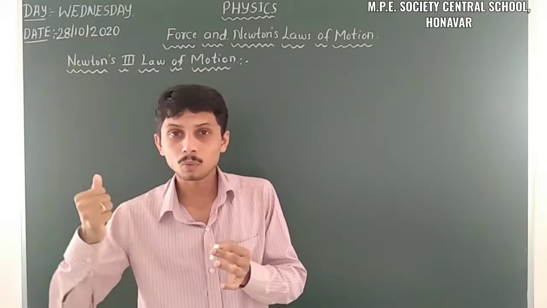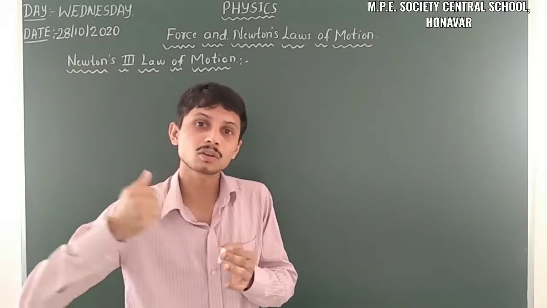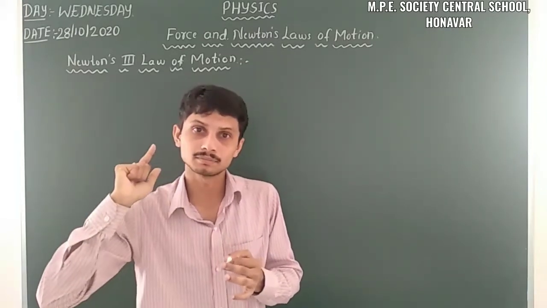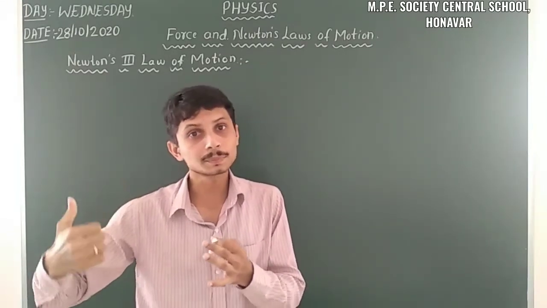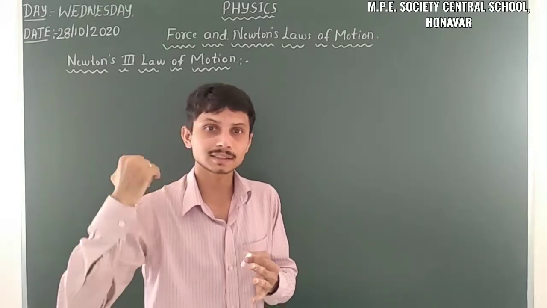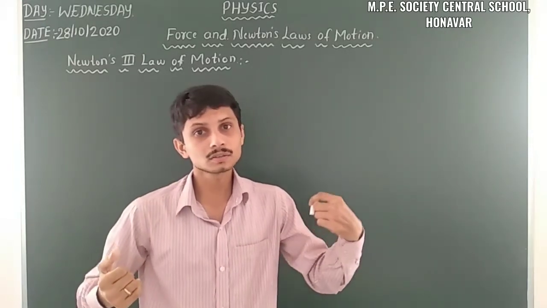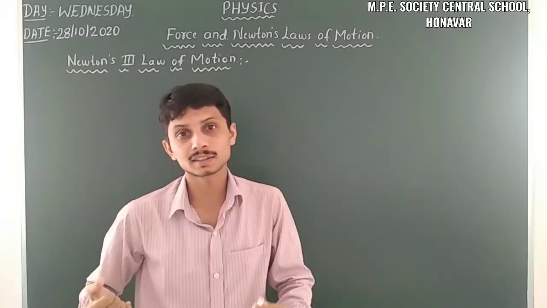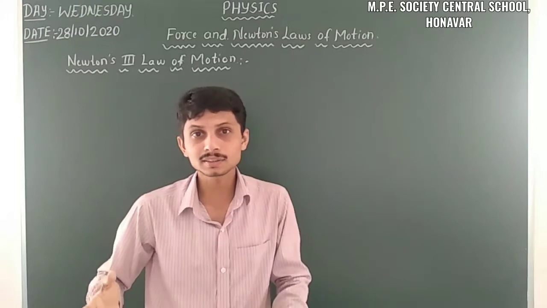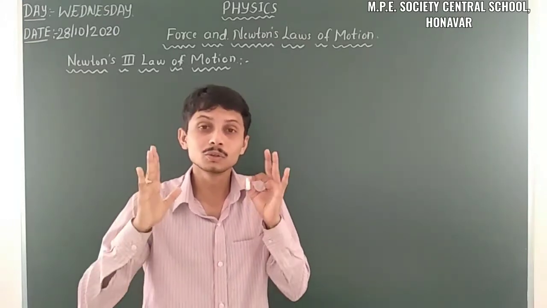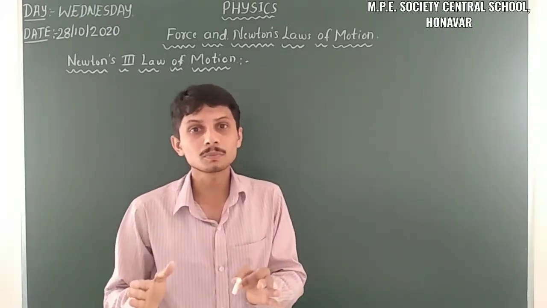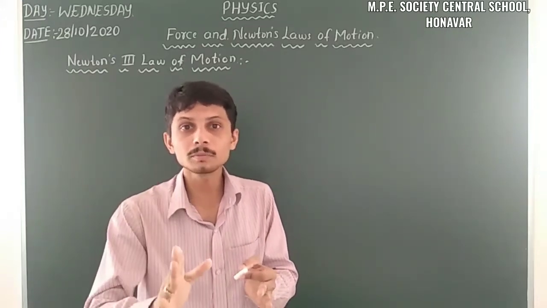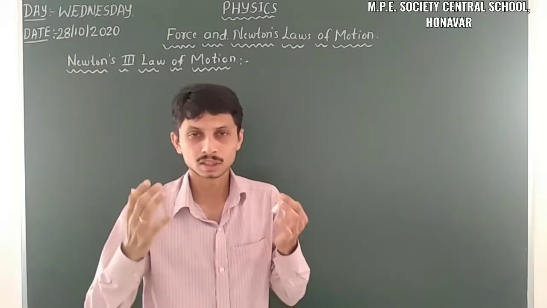That means one body applying some force on a second body is the action. So the first body experiences the first force, that is action, and the second body applies another force, that is the reaction. One is the action, another one is the reaction. Newton's third law of motion states that those two forces are equal in magnitude and opposite in direction.